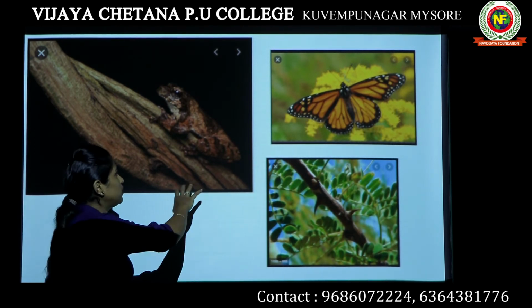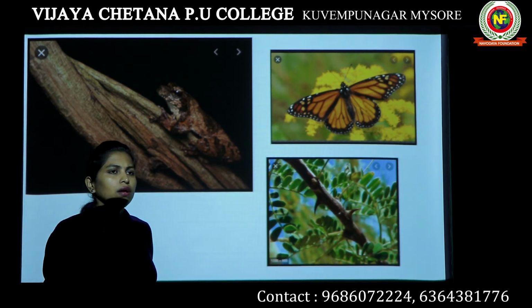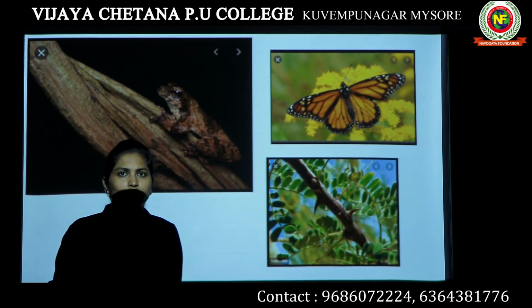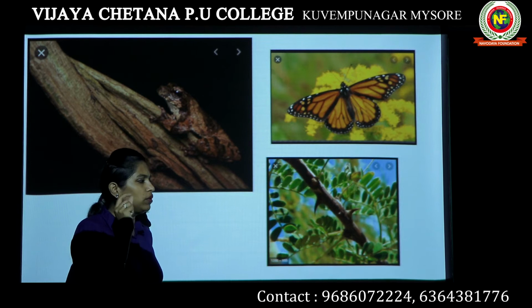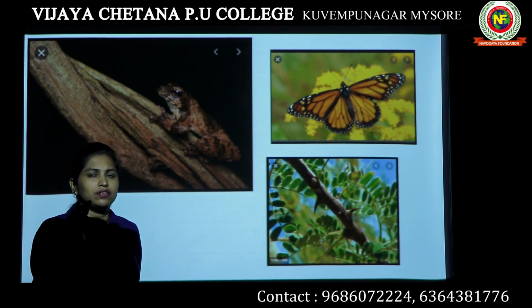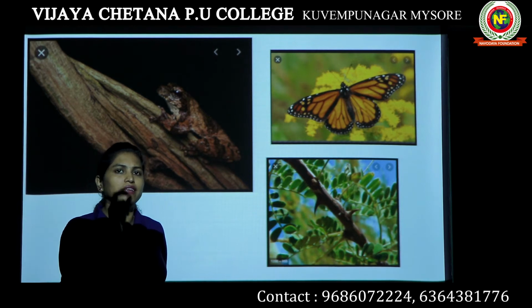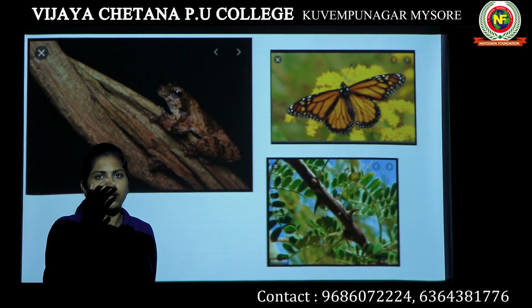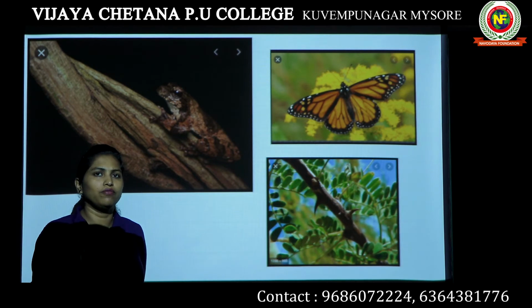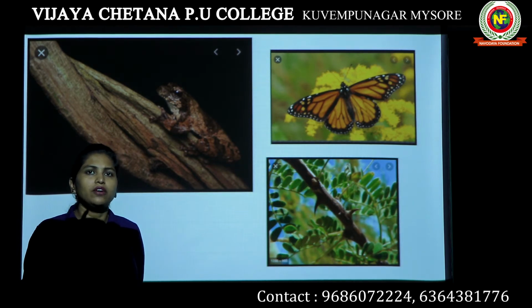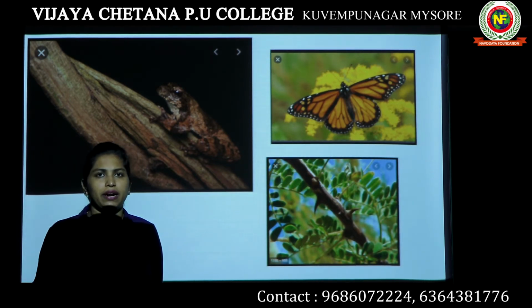Okay, in a similar way there are certain insects also. For example, specifically locusts, they have exactly the color of the tree bark. Okay, why? Because if they sit on the tree bark, then they will not be spotted by any predators.